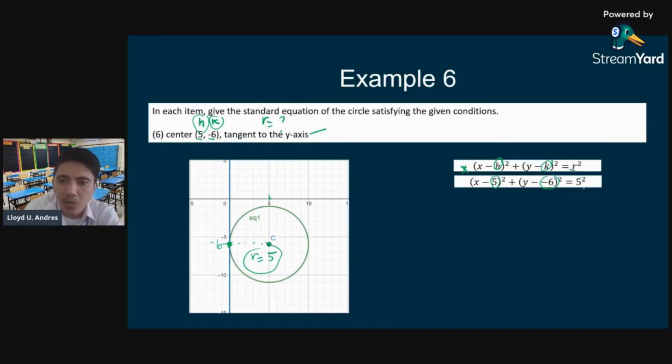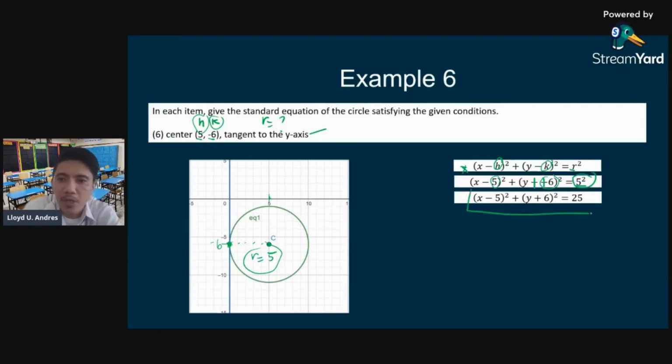And radius, we just need to substitute it with 5 because based on the graph, our radius is 5. Then next we have to simplify. Since y minus -6, we need to change this sign and change the operation, so that becomes y plus 6, and 5 squared becomes 25.